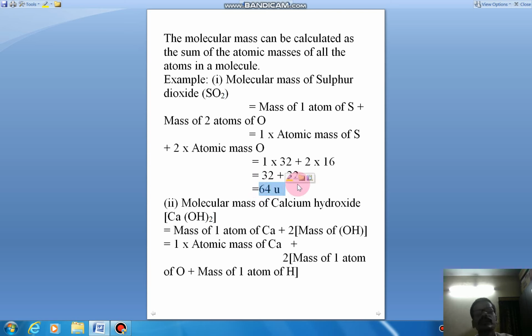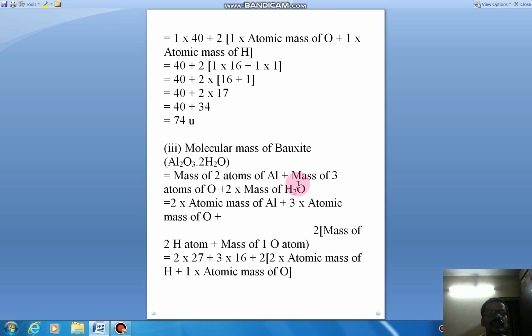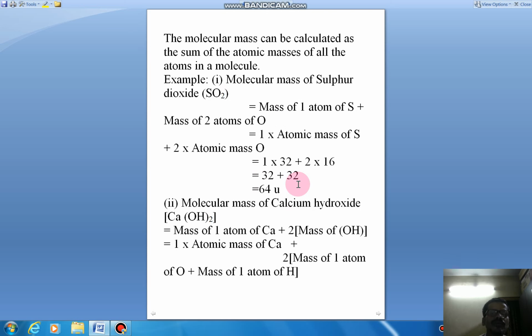Let us see another example, the molecular mass of calcium hydroxide. What is the formula for calcium hydroxide? It is Ca(OH)2. So how do we find this?